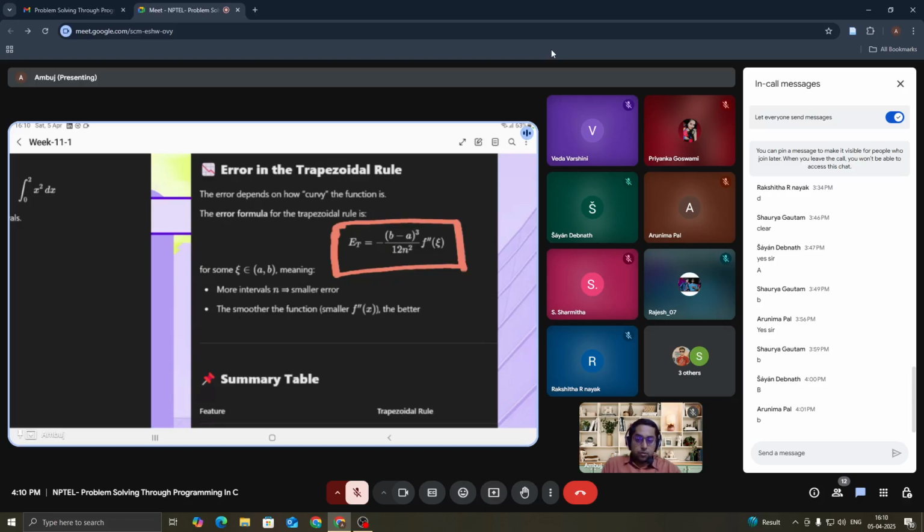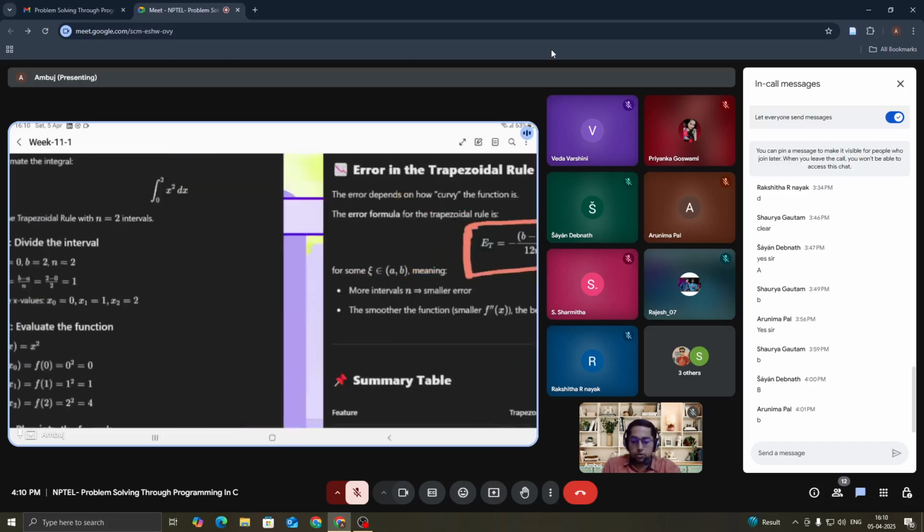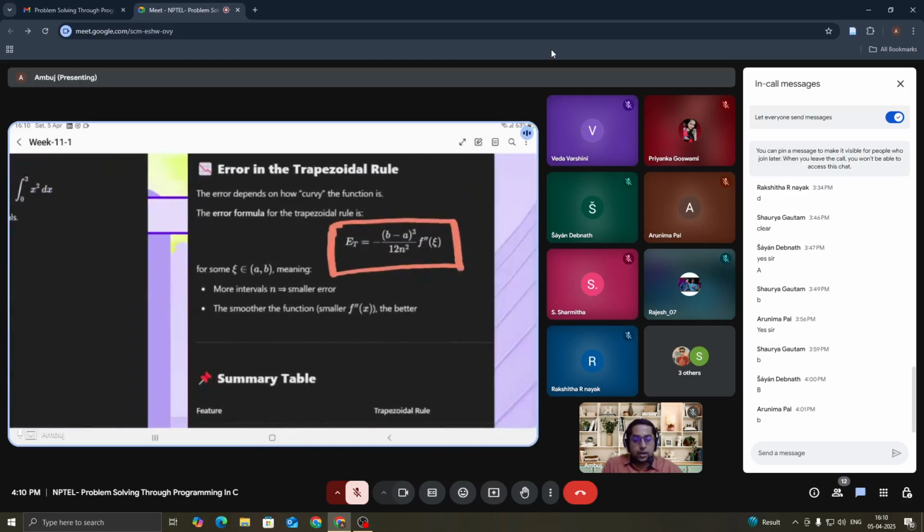So directly you will be able to calculate if n is known to you. In the previous case, n was 2. So the error equals minus (2 minus 0) whole cube divided by 12 into 2 squared.